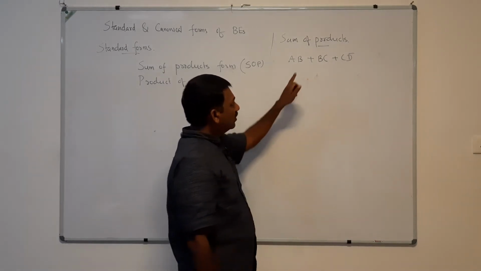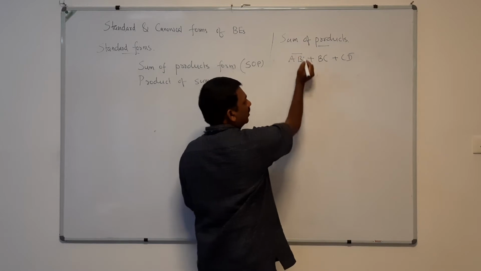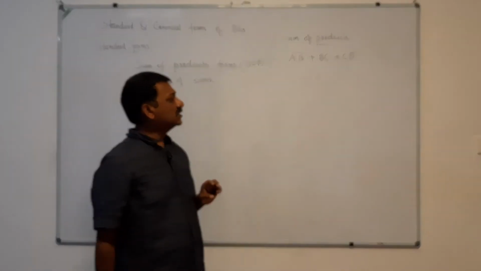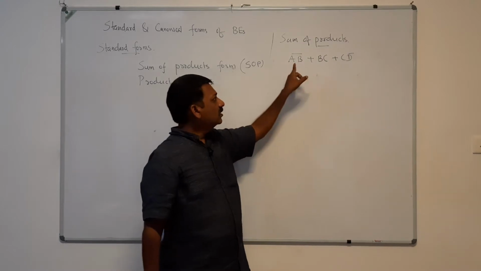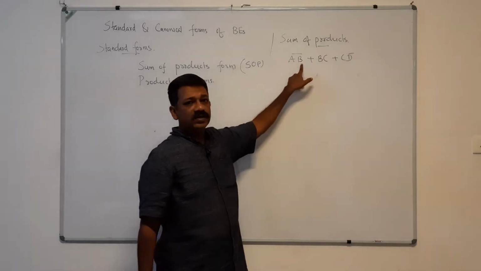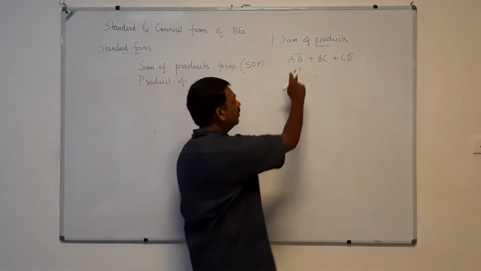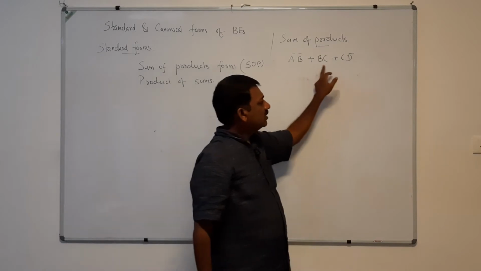One thing you should remember: here AB the whole bar is not allowed, because this over bar cannot extend from one variable to another. You can have A bar, B bar, as in A bar B bar plus BC plus CD bar.